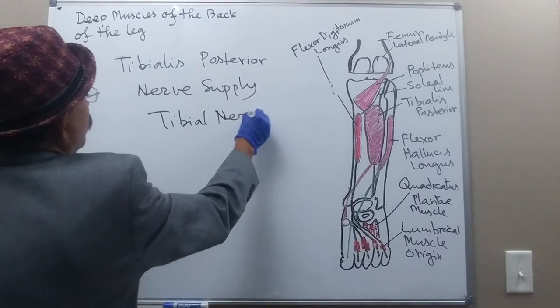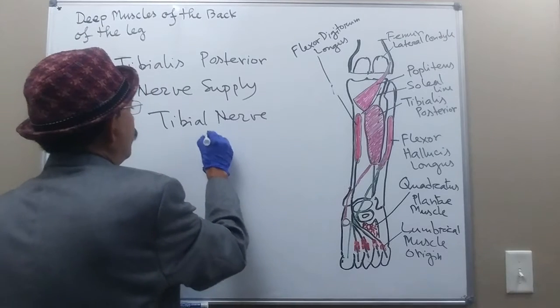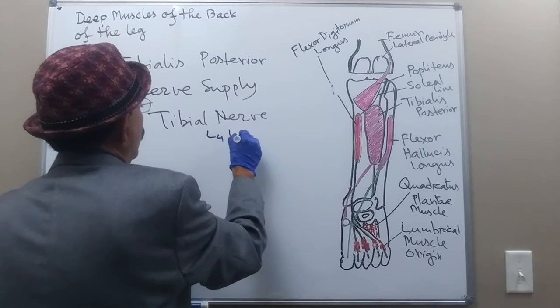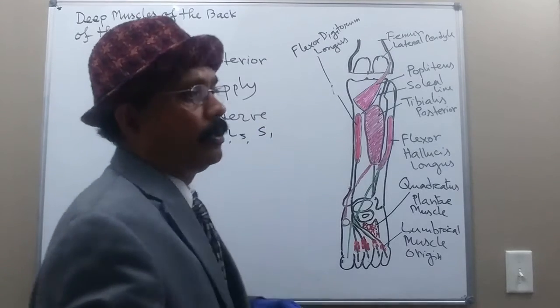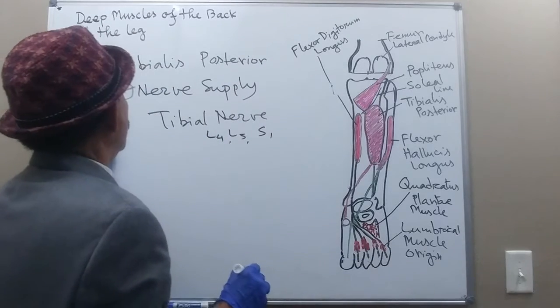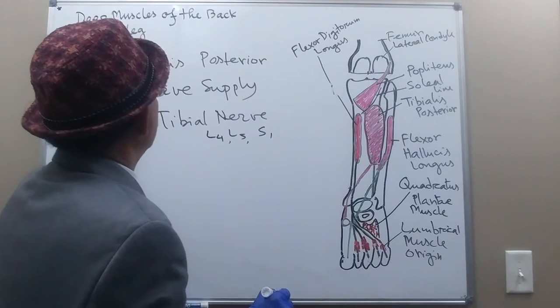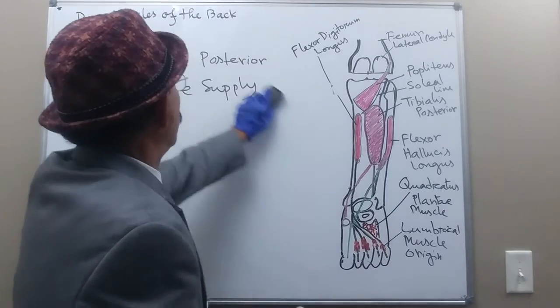But here we have to know its root value, L4, L5, S1. Tibial nerve innervates the tibialis posterior muscle.